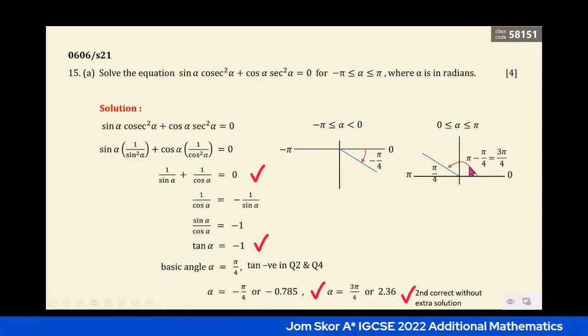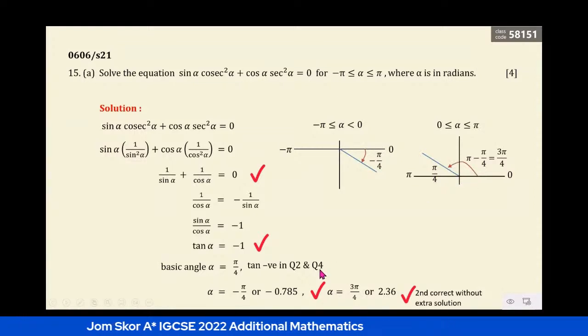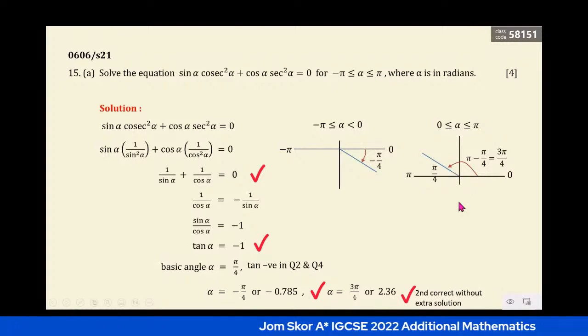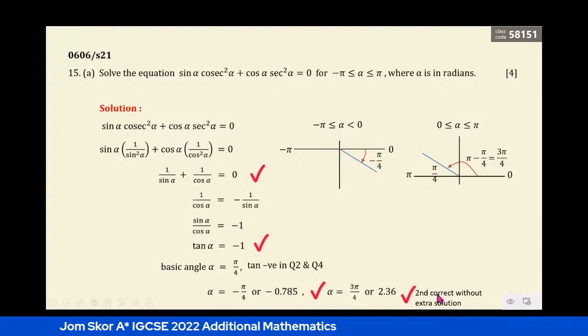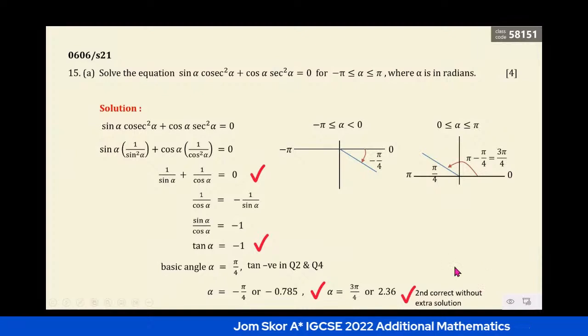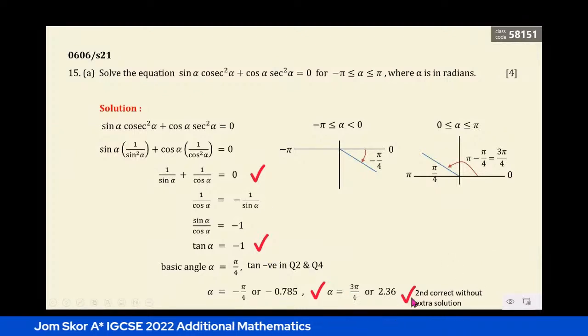Say you made a mistake in finding: you look for the angle in quadrant 4, and you don't look at the range from negative pi to pi. So you find another angle, a positive angle in quadrant 4, and put it as your answer. So the second mark cannot be given, because we have an extra solution there. So you must fix 2 solutions to get 2 marks here.